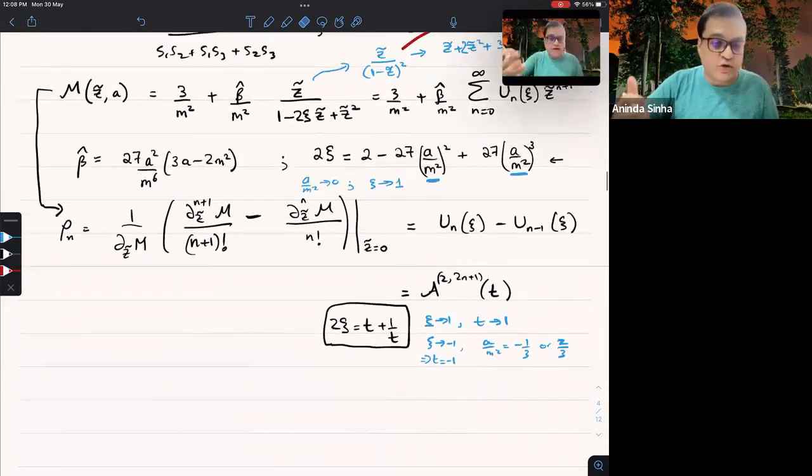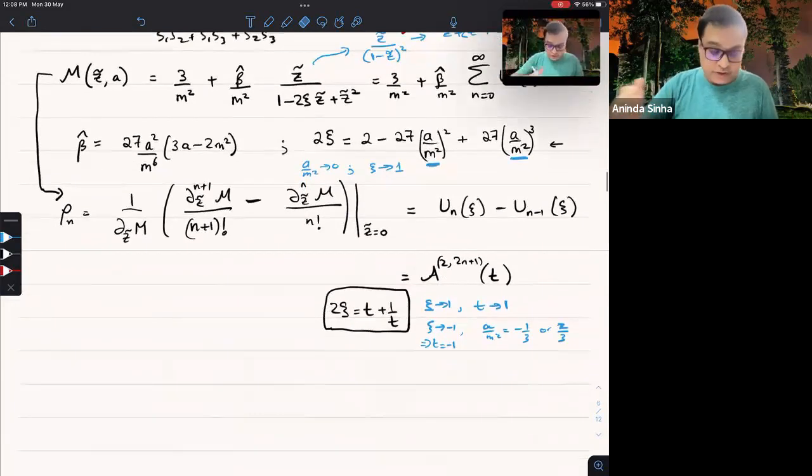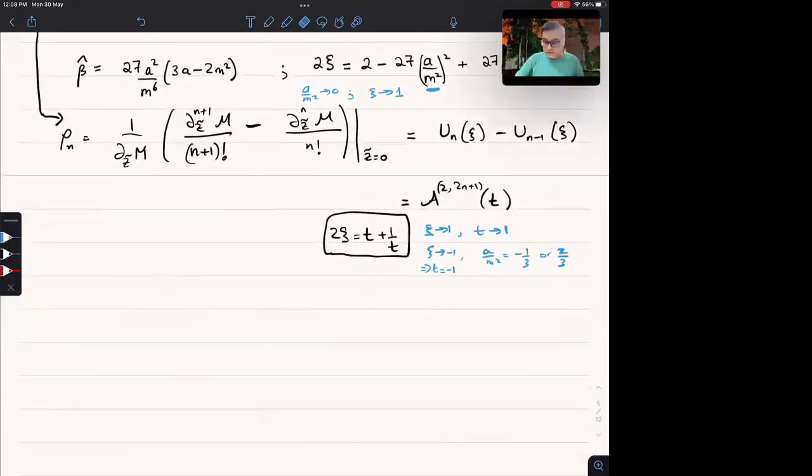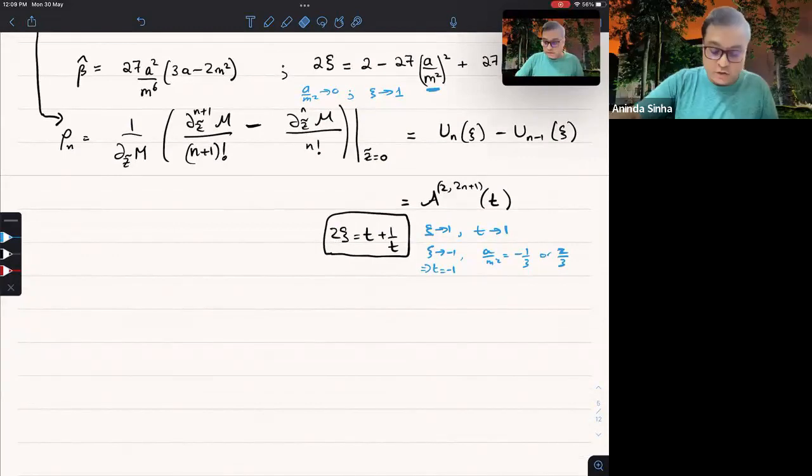So I could get the Jones polynomials for the torus knots using this. The difference is that for the Jones polynomial, I will require 3n Taylor expansion coefficients rather than the 2 for any n that I have for the Alexander polynomials.